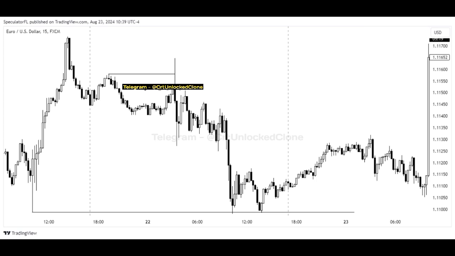And we formed the high of the week, the high of the day during London Open during the 3 a.m. candle. And then we reversed lower, and after we reversed, you can see right here that I got this model 1 entry and this confirmation, and then I took my entry there, right?